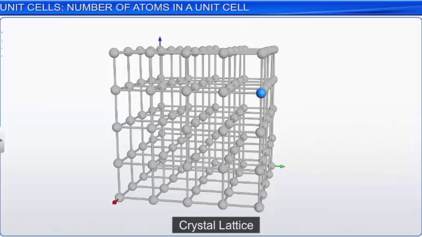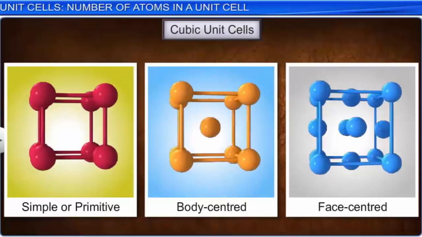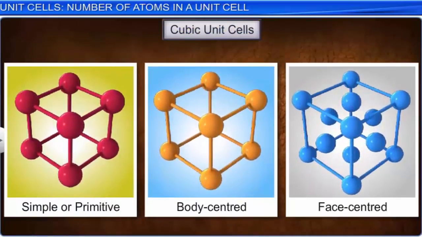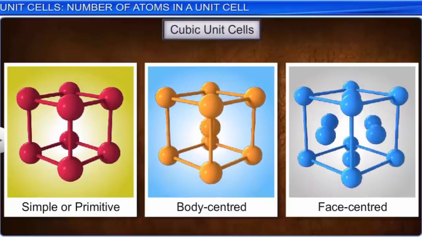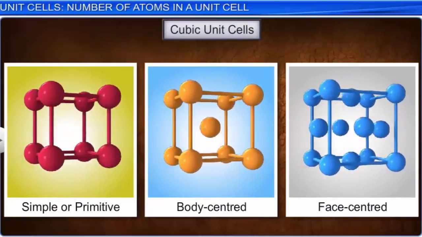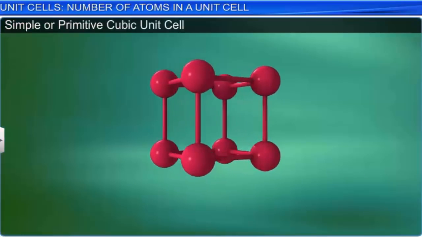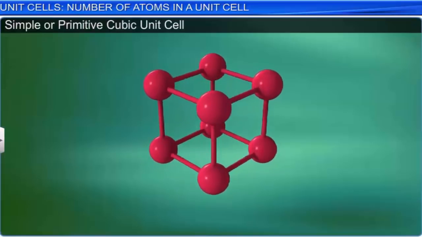Now let's examine what portion of each particle belongs to a particular unit cell. Consider three types of cubic unit cells. For the sake of simplicity, assume that the constituent particle is an atom. Let's start with a simple or primitive cubic lattice.